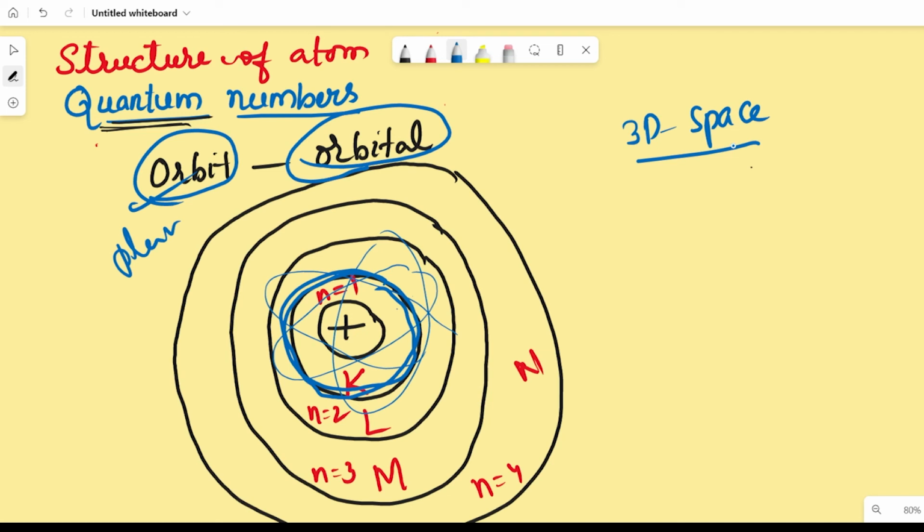We can't imagine at that particular time where the electron is rotating, where it is located. So that space is called orbital, which means where the electron is located around the nucleus in three-dimensional space. So orbit means the path. This is all about the difference between orbit and orbital.